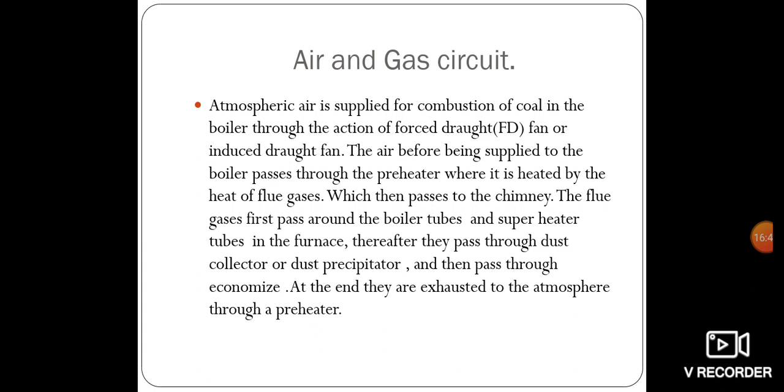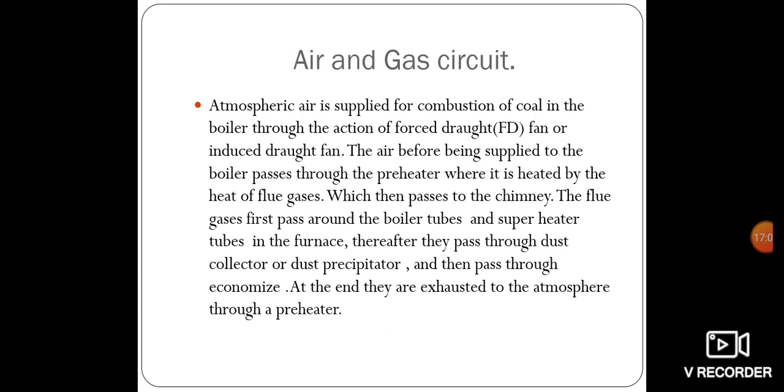The flue gases first pass around the boiler tubes and superheater tubes in the furnace. Thereafter, they pass through a dust collector or dust precipitator and then through the economizer. At the end, they are released to the atmosphere through a preheater.